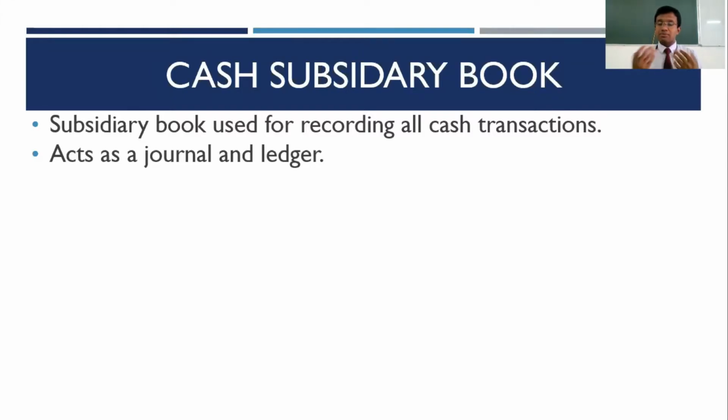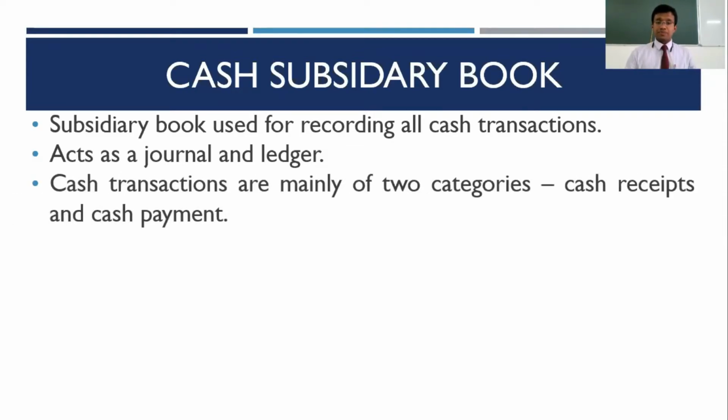So the cash subsidiary book that you prepare would play the dual role of journal as well as ledger, which means your cash subsidiary book is both a primary as well as a secondary book. So for whatever transactions you record into your cash subsidiary book, you would not be preparing any additional ledgers.